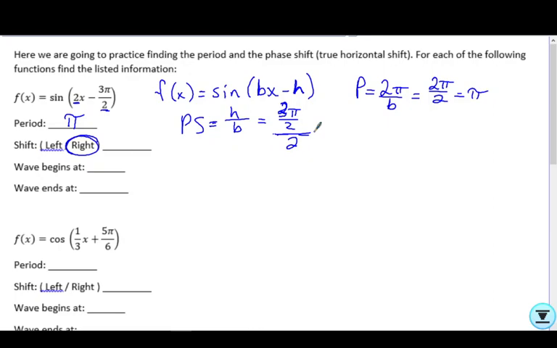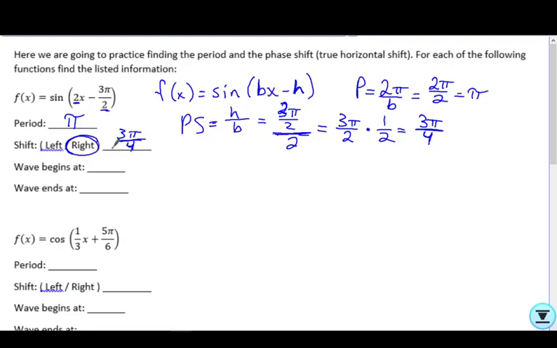So we're going to take 3 pi over 2 and multiply it by the reciprocal, which is 1/2. So my true horizontal shift is only going to be to the right 3 pi over 4. Okay? So that is how far I'm actually going to shift it.